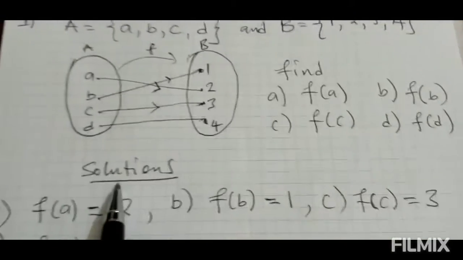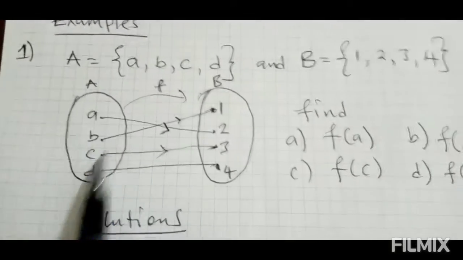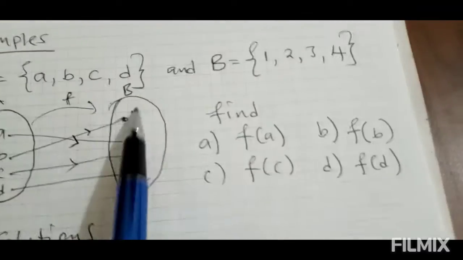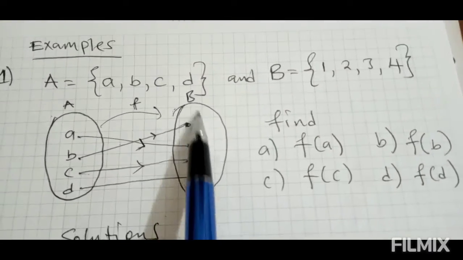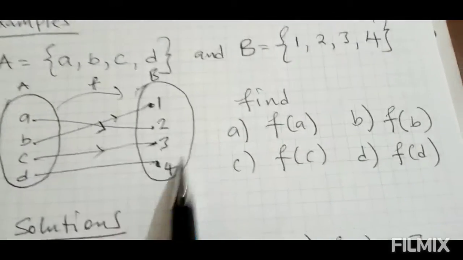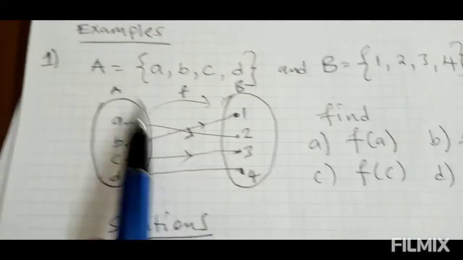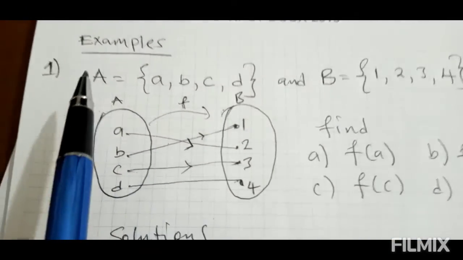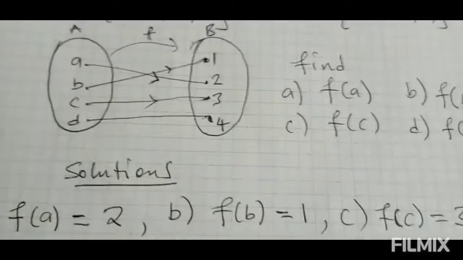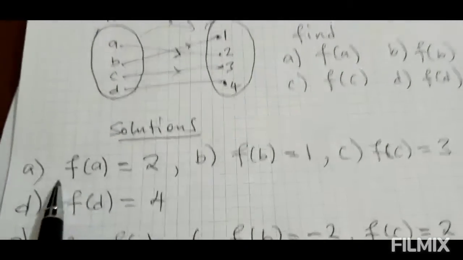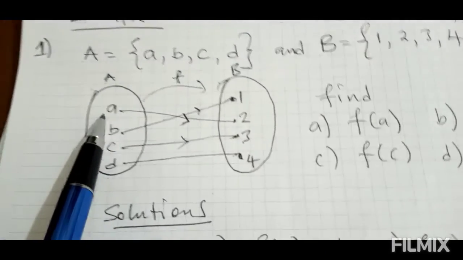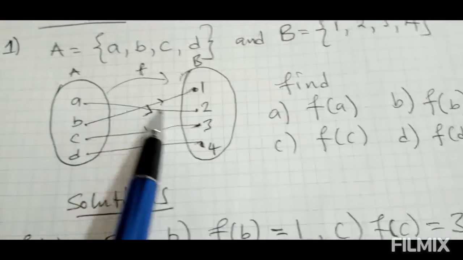Now solutions. Look, this right here is an input set and this is an output set. So for you to have f of a, f of b, f of c, and f of d, you need to have the inputs in set A. Now, what is f of a? Look at the function: a goes to 2.